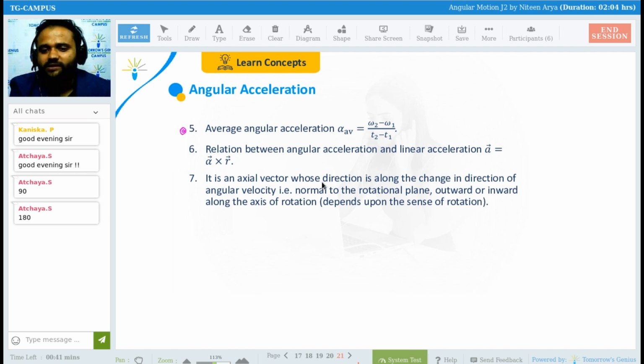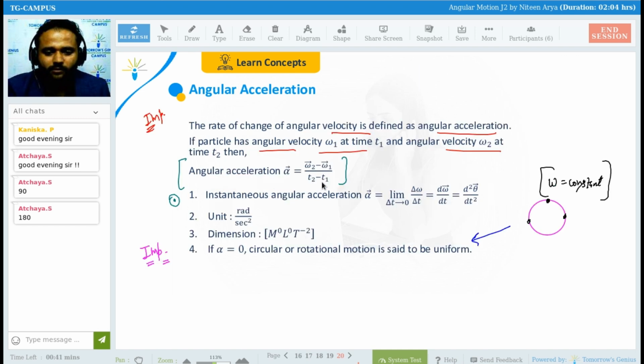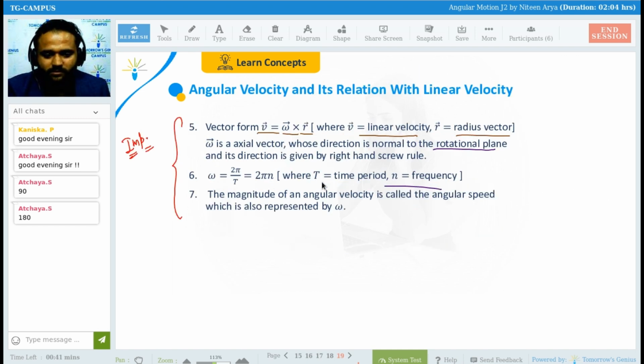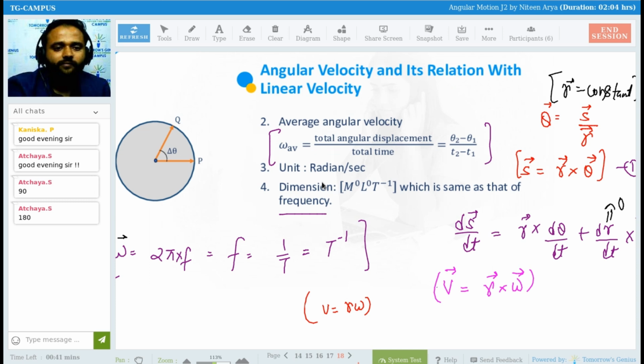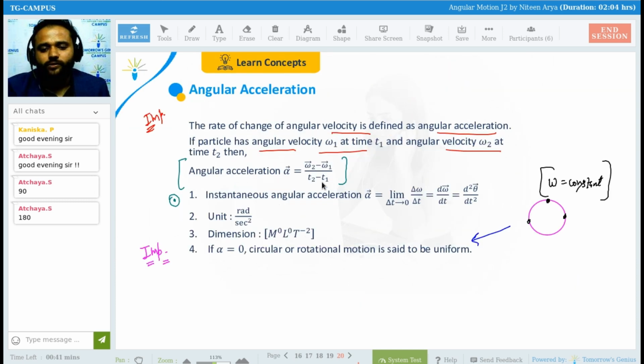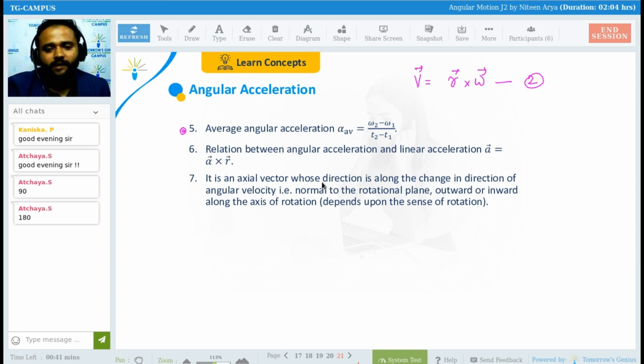There is a relation between angular acceleration and linear acceleration. Again, we have velocity is omega cross r. This is my second equation on this page. So using this second equation, again differentiate it, so that is going to be dv by dt. R is constant, so again that term is going to be 0.